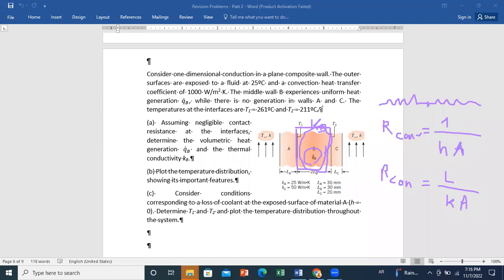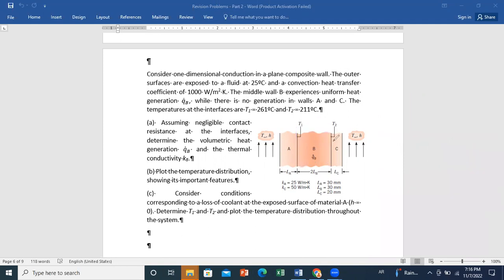Whenever you have generation, please think about how to write an energy balance that can help you to solve your problem. So you say, I know that I have a generation rate in material B. So let me write the energy equation for this material. We have generation, and this generation will be propagated through two sides, from the side of A and from the side of C. So if I just apply the energy balance equation, what can I say? If I am working in steady state conditions, then I don't have variation with time.